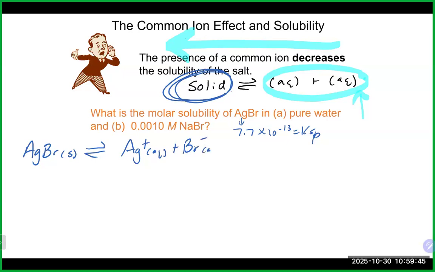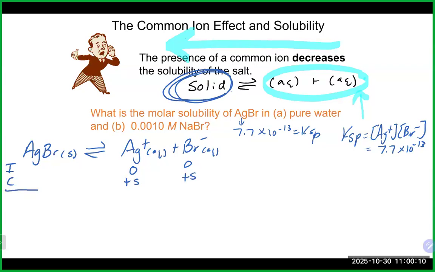That is going to give us a KSP expression of silver times bromide, and that's going to equal our KSP of 7.7 times 10 to the minus 13. So if we do our ICE table, we have 0 and 0, plus S and plus S, which gives us, when we reach equilibrium, S and S.